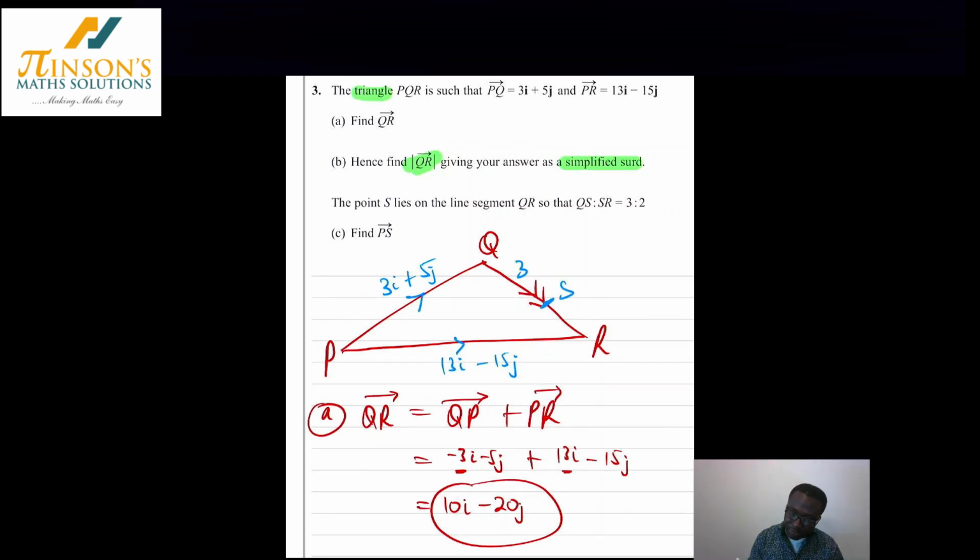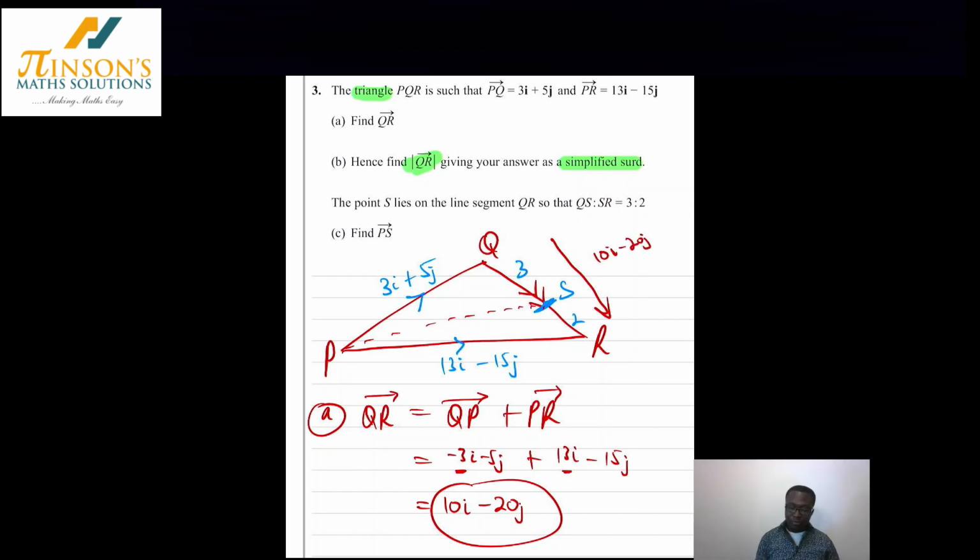So this is 3 parts and this is 2 parts. We want to drive our car such that we can drive from P right to our S. Don't forget, from Q to R we already worked it out as 10i minus 20j.